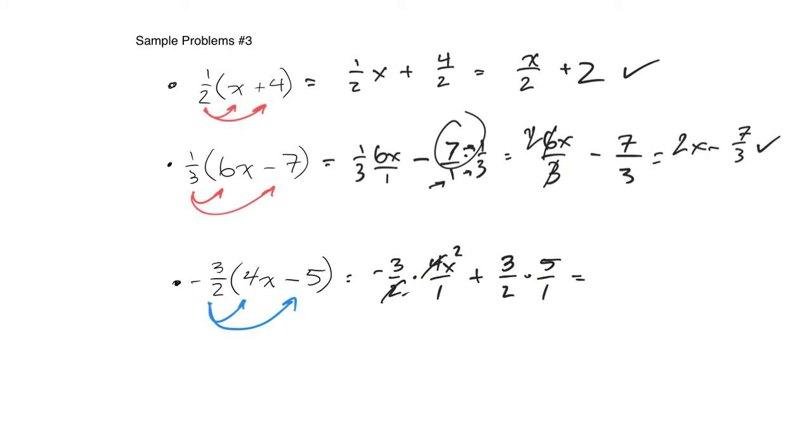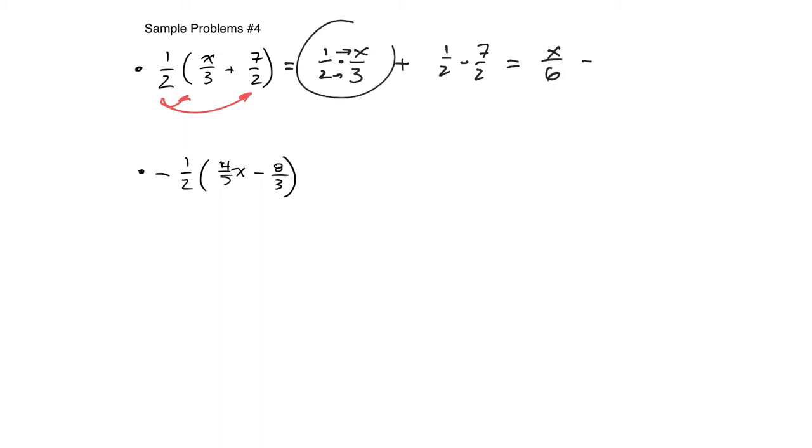That becomes a 1. My apologies. And I get negative 6x plus 15 over 2. And I'm done. Because 4 divided by 2 leaves 2 in the numerator. This 2 turns into a 1. That's how I get 6. I get negative 3 times 2.